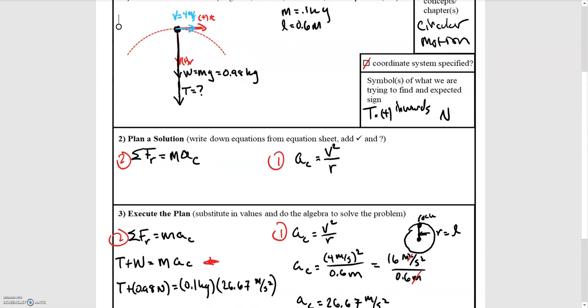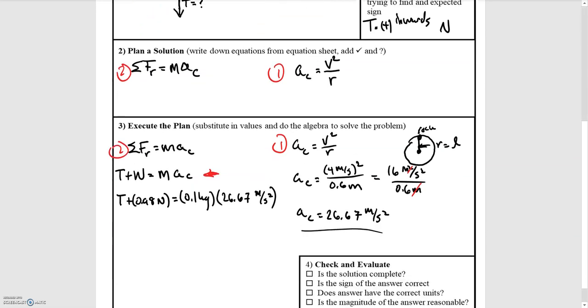This is different than what we typically do for x and y directions, where downwards for the y direction is usually negative. But in this case, we're pointing towards the center of the circle, which we've called positive. So that's why these are both positive values. That's a spot where you can easily trip yourself up, so just a word of caution there.